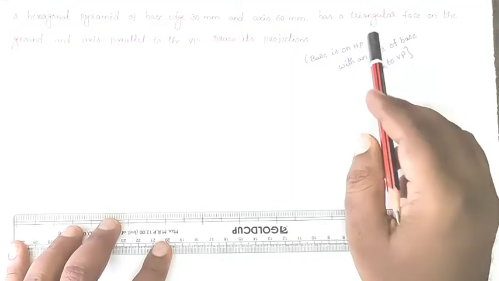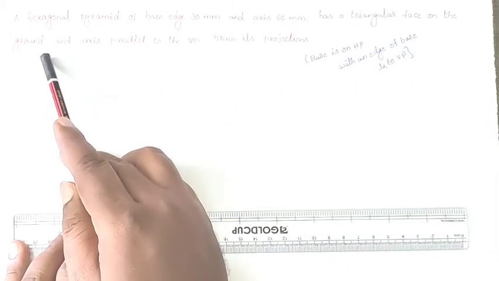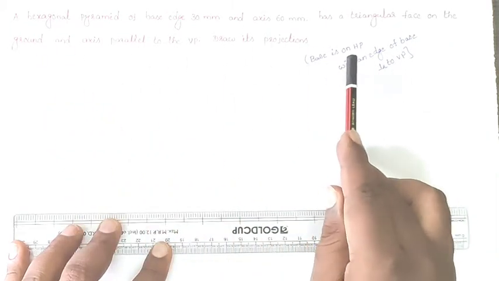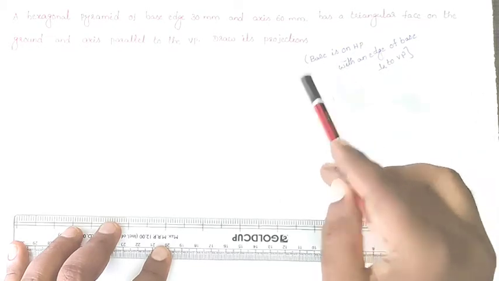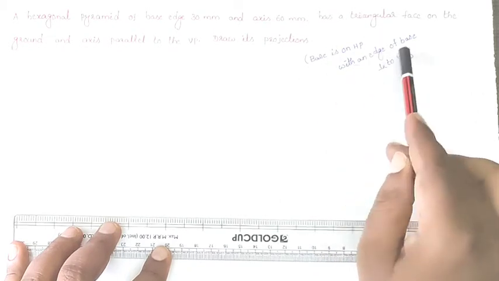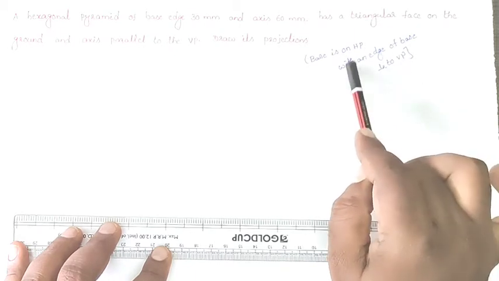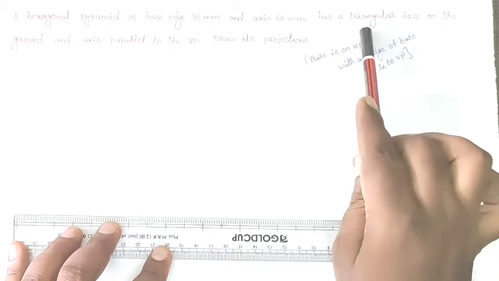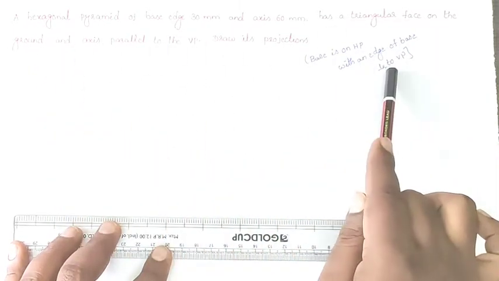Not only in this case, suppose they are giving the triangle face on the VP, then we can assume the base is on the VP with an edge of the base perpendicular to the HP. So that is the assumption in case of triangle faces on the VP given in the problem.